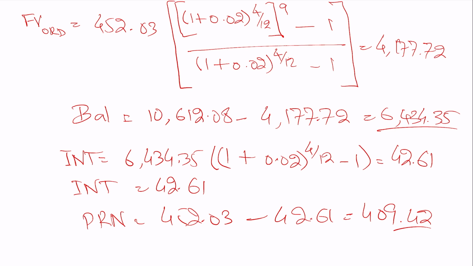Then we calculate the future value of the PMTs we are making as payments, and the difference of these two future values is our balance. That balance is going to be used in order to calculate interest, and then we use the formula PRN is equal to PMT minus INT, which is interest.